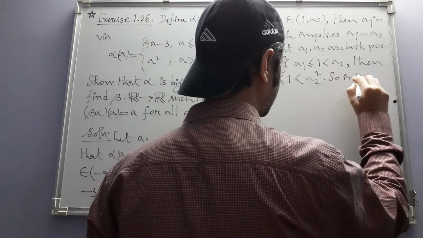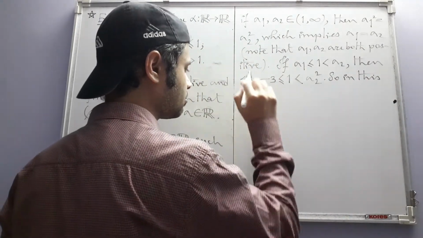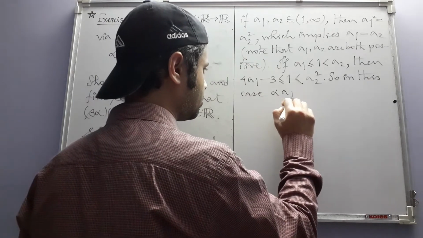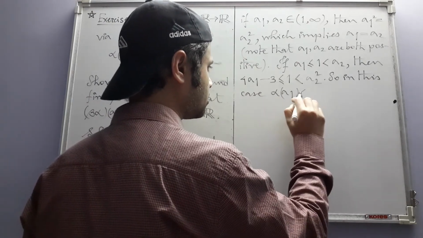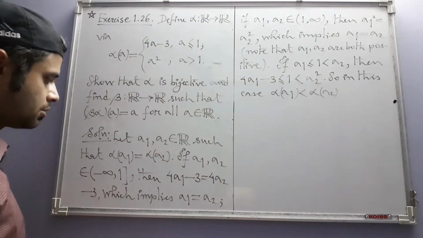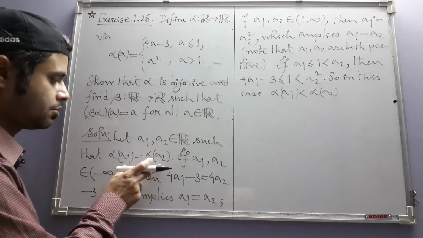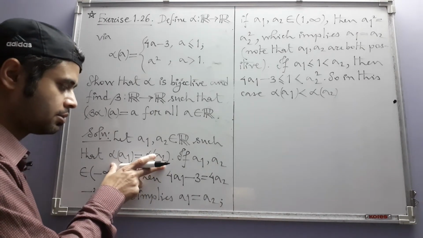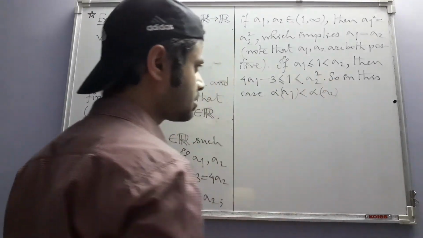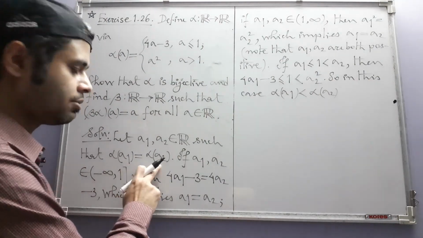So in this case, this is alpha a1 strictly less than alpha a2, which contradicts our hypothesis. I mean, we have chosen a1 and a2 in such a way that these images must be equal. So that means this case actually cannot occur if we are insisting that we have this.